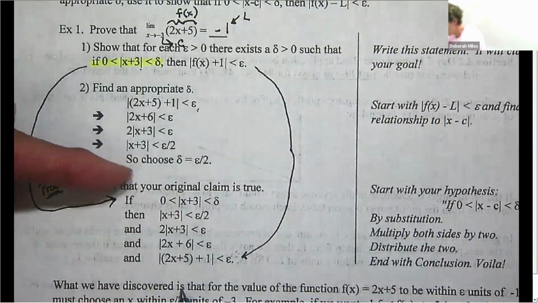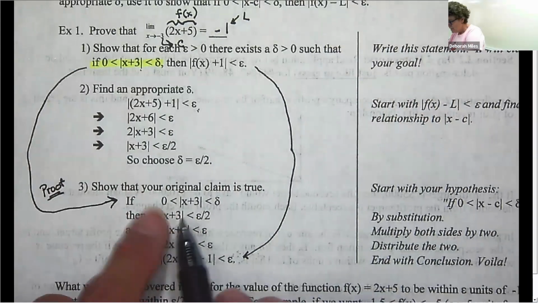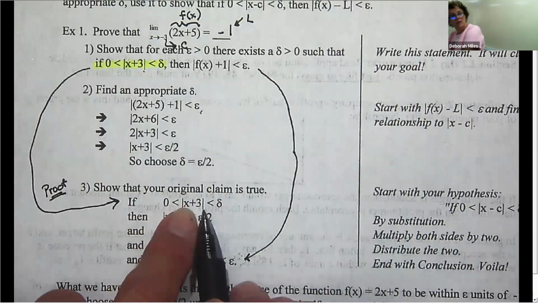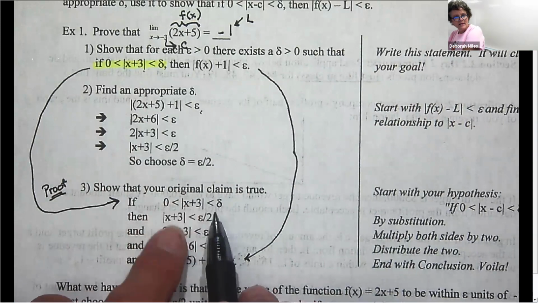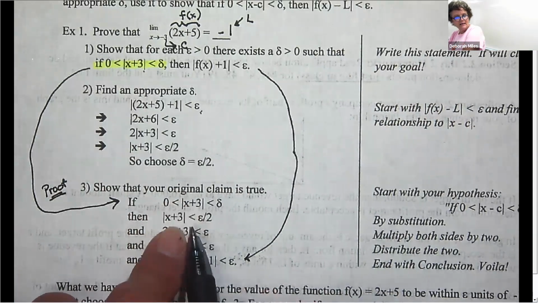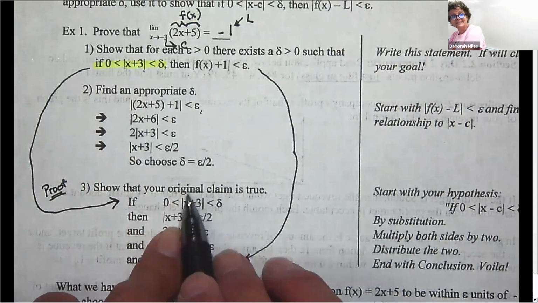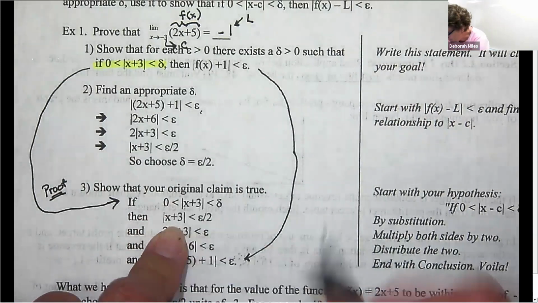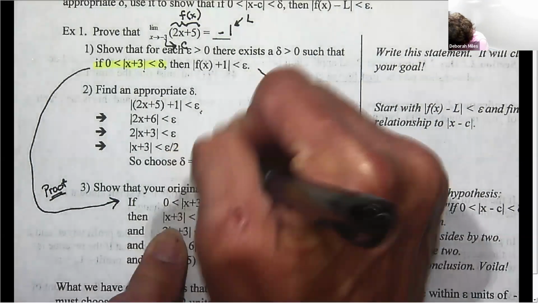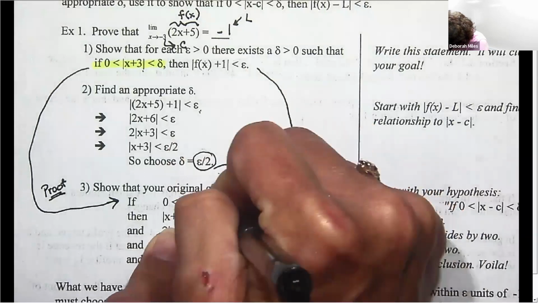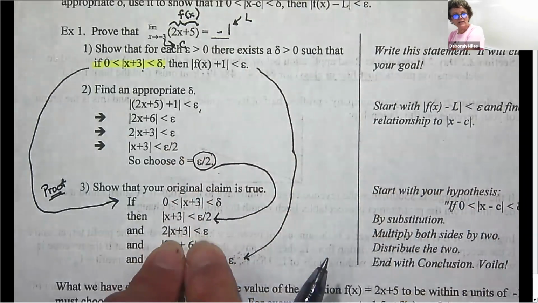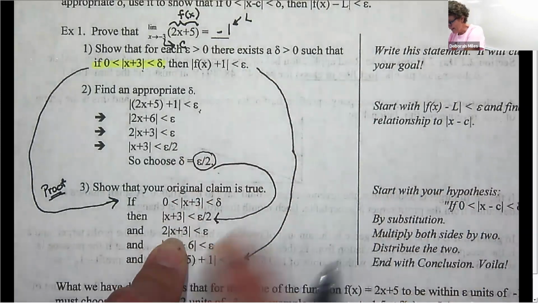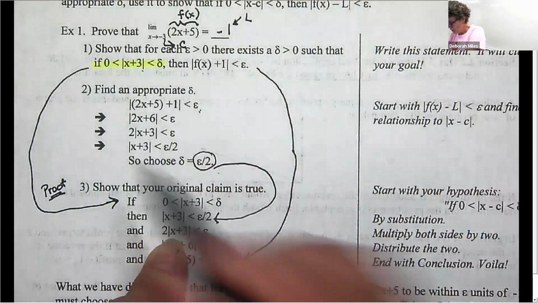Basically, it's this backwards. If absolute value of x plus 3 is between 0 and delta, then I can put the delta I've chosen. I can put this in place of delta, and then multiply both sides by 2, where here I divided by 2.